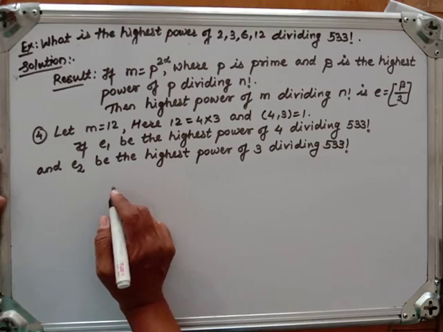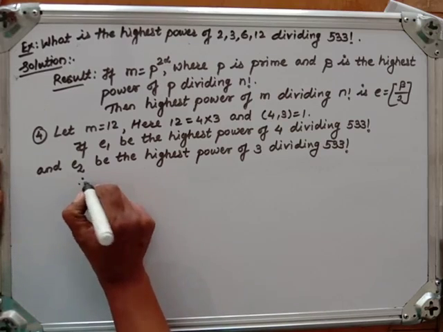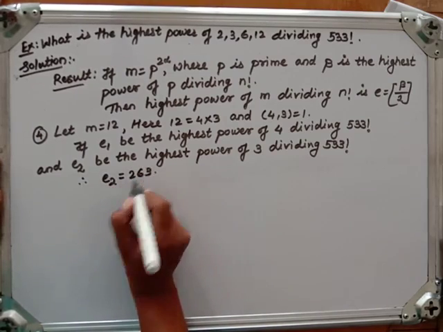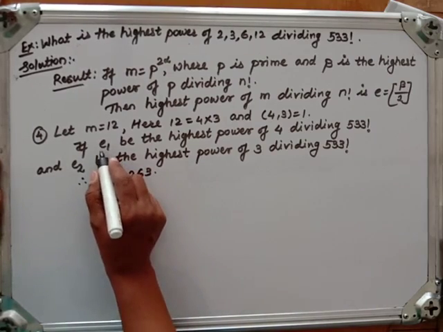Okay. Therefore, we get E2 is equal to 263. The question is left to find E1.